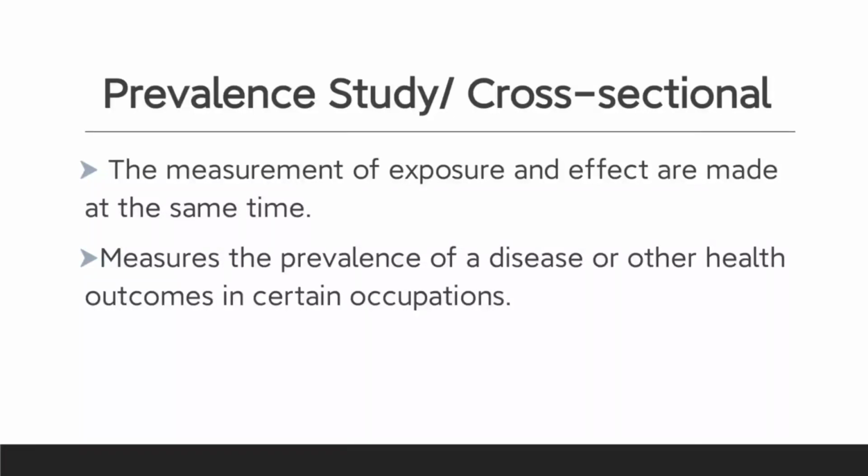Yung exposure, tsaka yung effect ng disease occurrence na yon on a particular point in time, no? At the same time. Okay? Measures the prevalence of a disease or other health outcomes in certain occupations. So, maganda din siya on certain occupations.